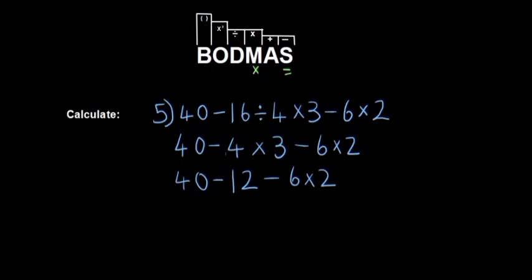Now we're going to multiply here. So we're going to multiply 6 by 2 to get a 12. And now this multiplication is gone.